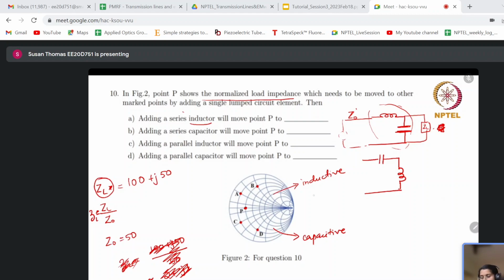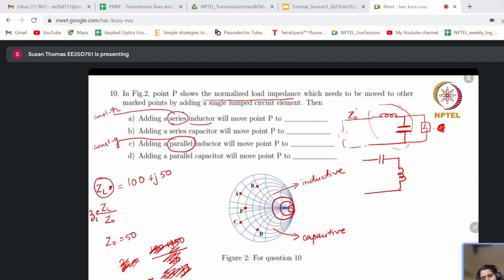And adding an inductor in series. Series and parallel, there are two options. Either you can add in series or you can add in parallel. Whenever you add a reactance in series, it moves along a constant R circle, and if it is in parallel, you will move along a constant G circle. These are the R circles.